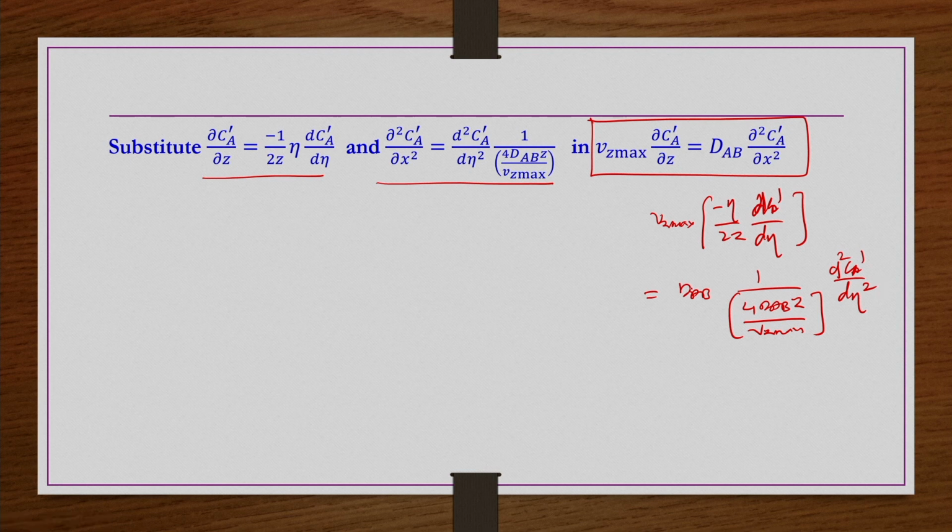So, now this DAB is cancelled out, left hand side 1 by z, right hand side 1 by z cancelled out, left hand side Vz max, right hand side Vz max cancelled out. So, what we have?